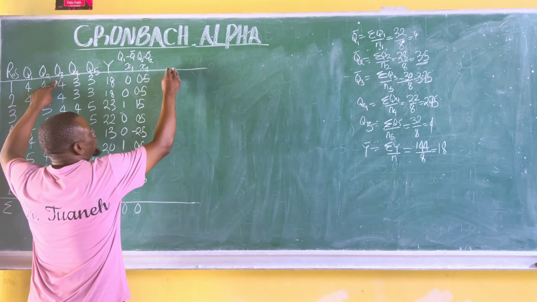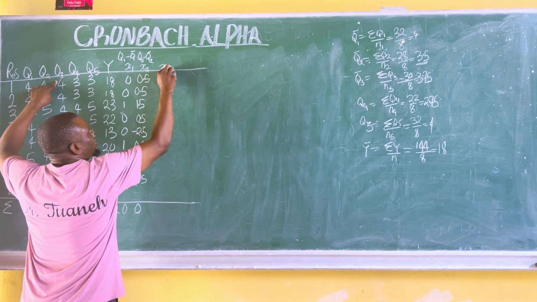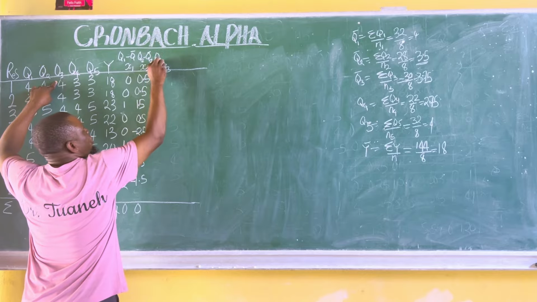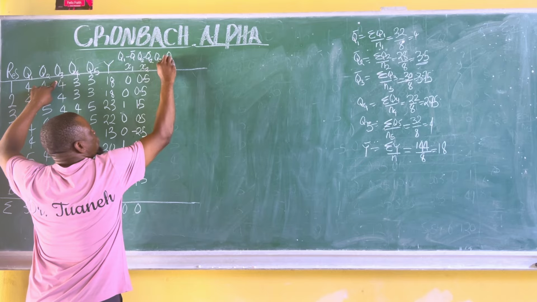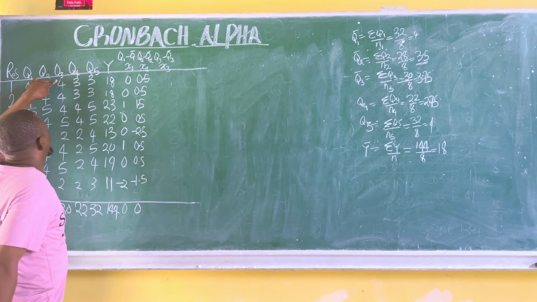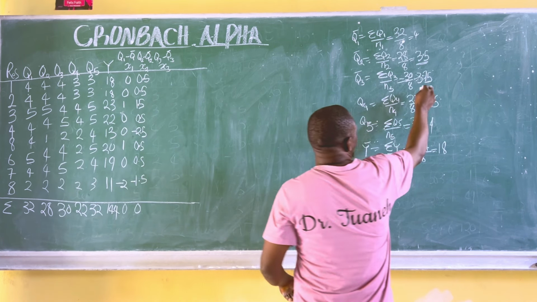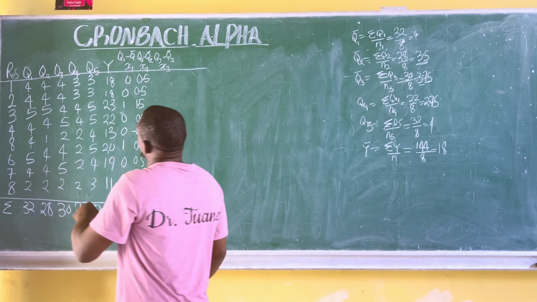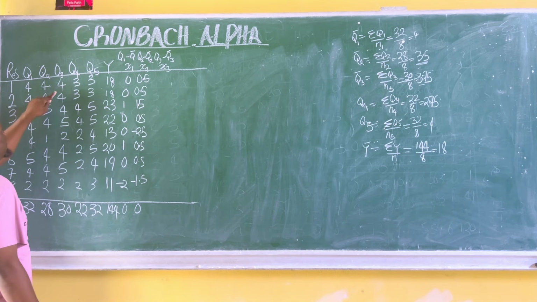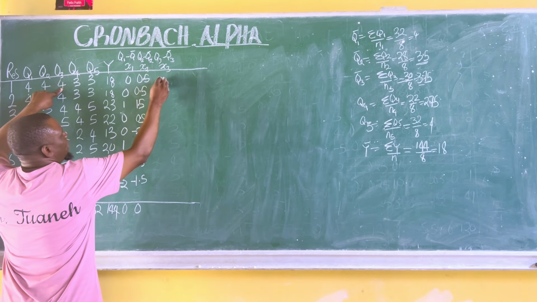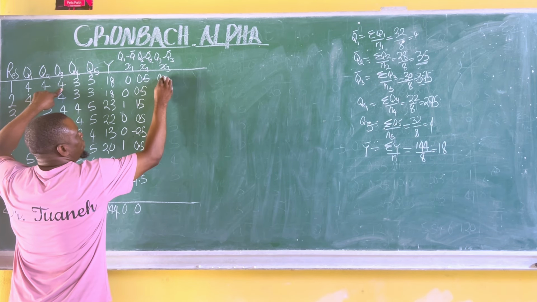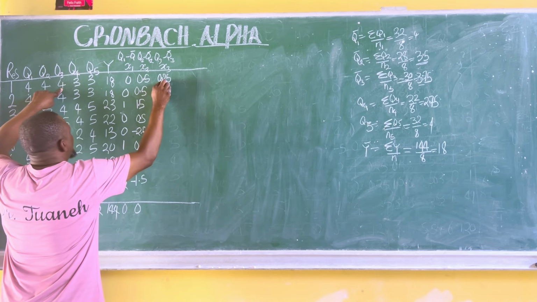So our x3 would be q3 minus q3 bar. Our q3 is 4. q3 bar is 3.75. So 4 minus 3.75 is 0.25.